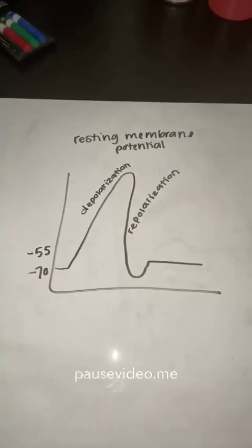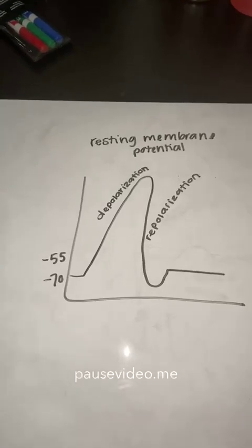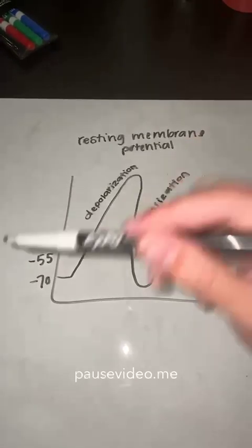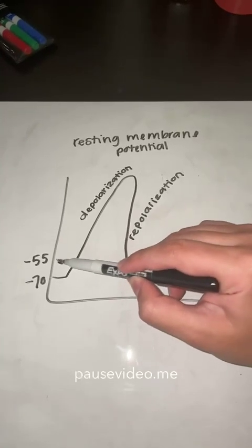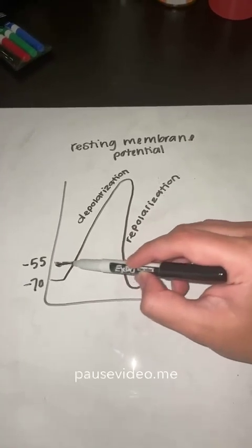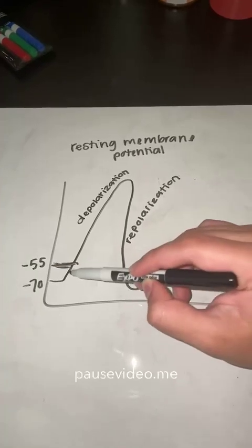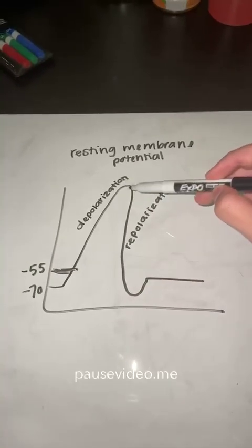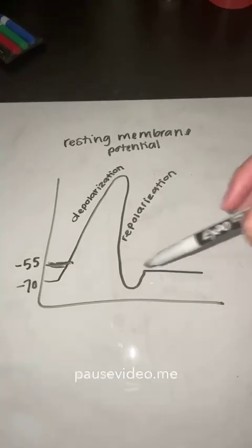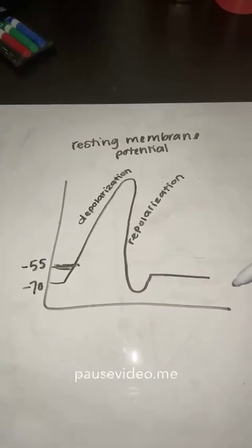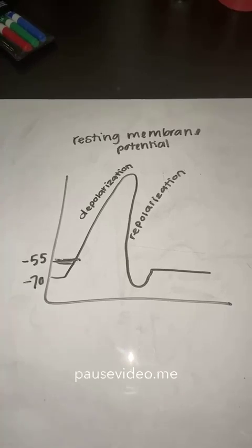This signal will not be able to be sent to the muscle to allow for muscle contraction if it does not reach this threshold of -55. So once it meets this threshold right here, depolarization is able to occur, and then repolarization, and then hyperpolarization, and then the contraction is allowed to continue.